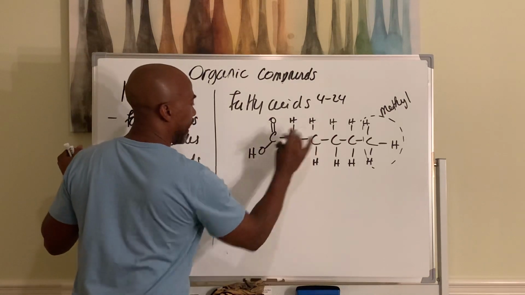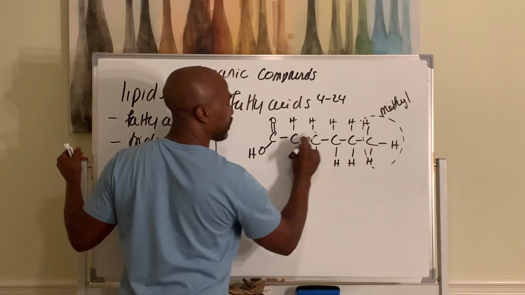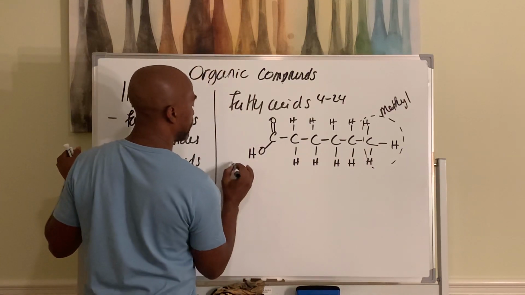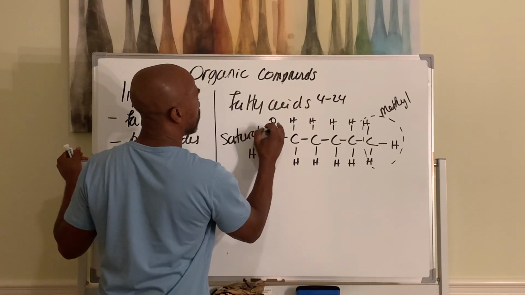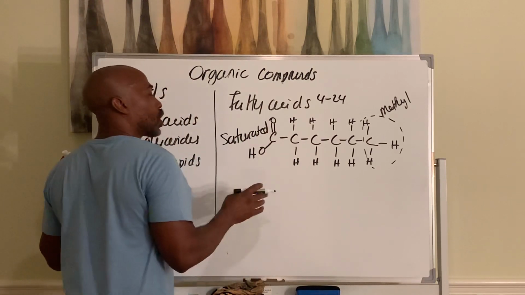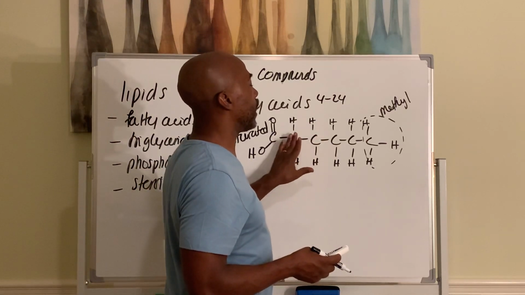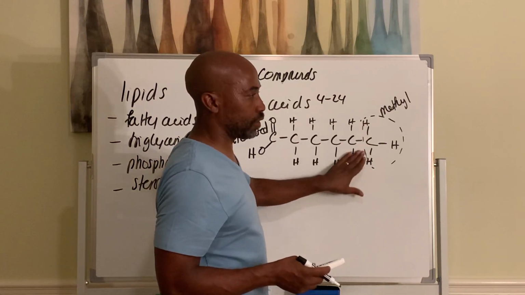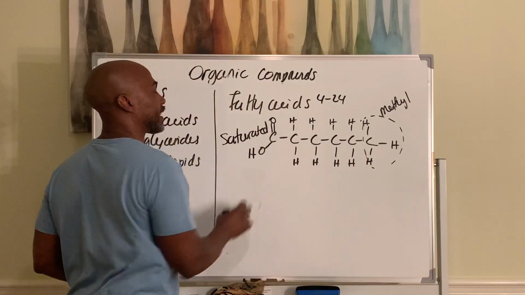If you have all single bonds like this in the chain, this is called a saturated fatty acid. And it's saturated because all of the carbons are surrounded by H's. So it's said to be saturated by H's. So it's called a saturated fat.